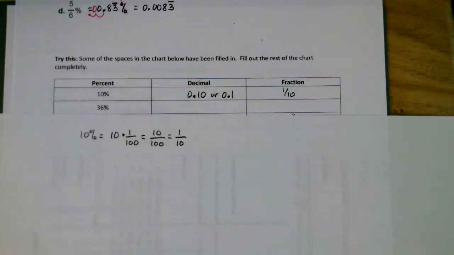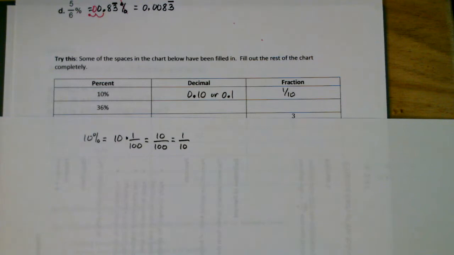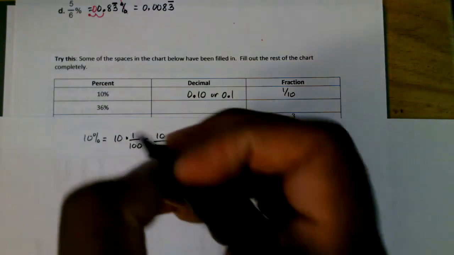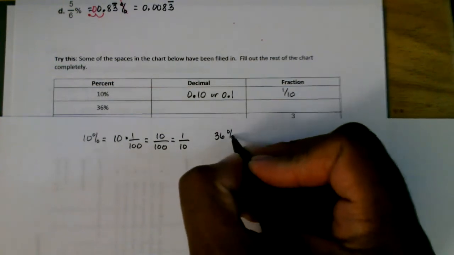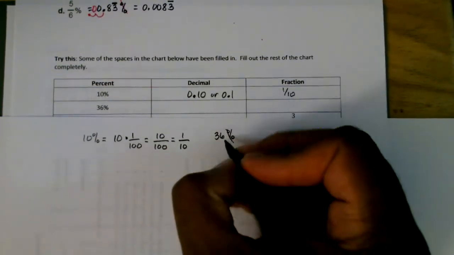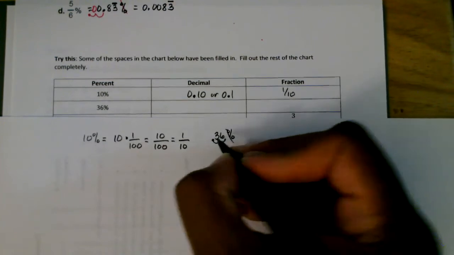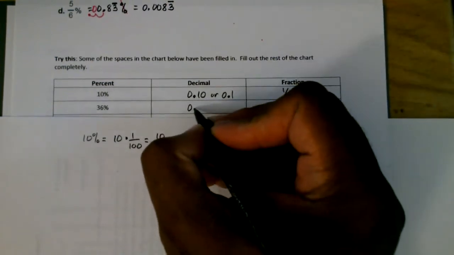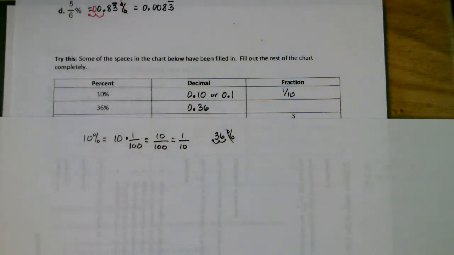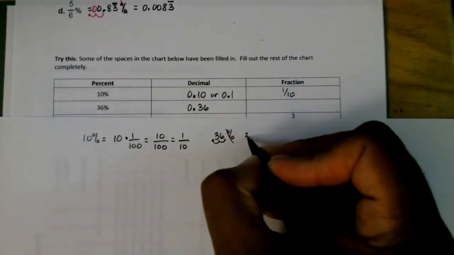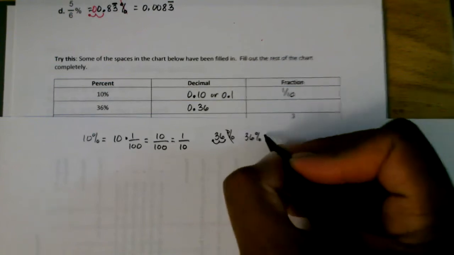Right, next, 36%. Well, 36%, here we drop the percent sign, move that decimal point 2 places to the left. So the decimal point will be in front of the 3. This will be 0.36. And as a fraction, 36% means this.